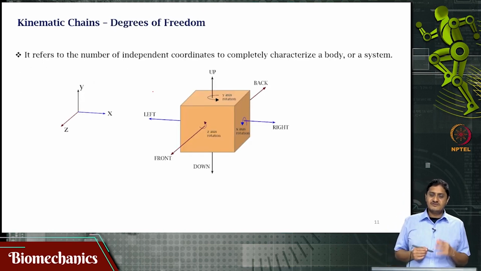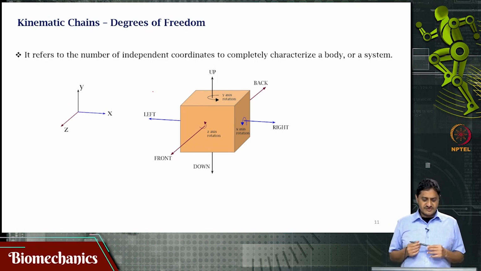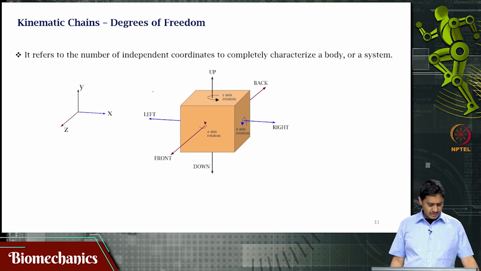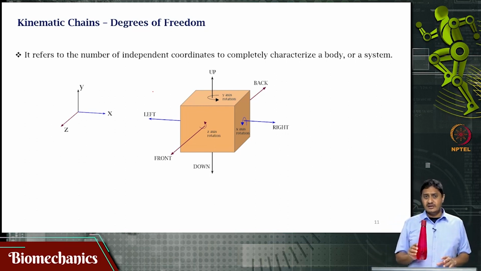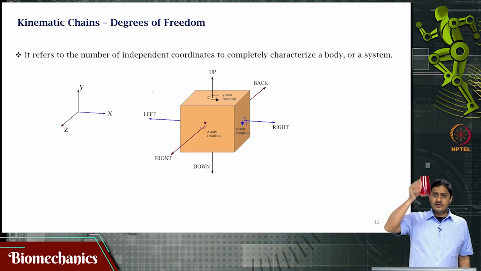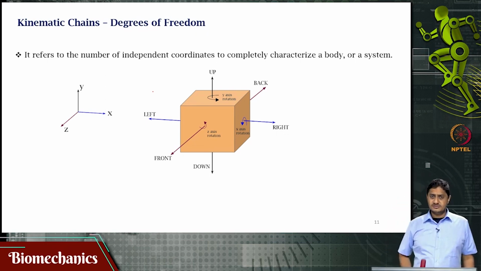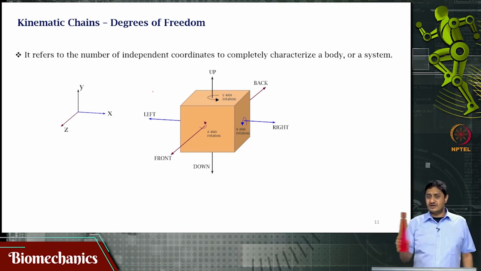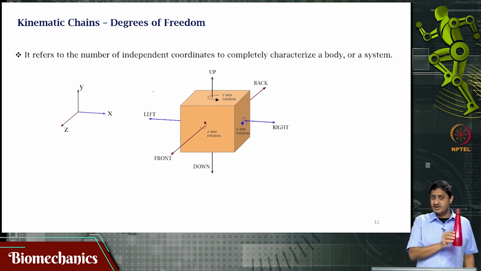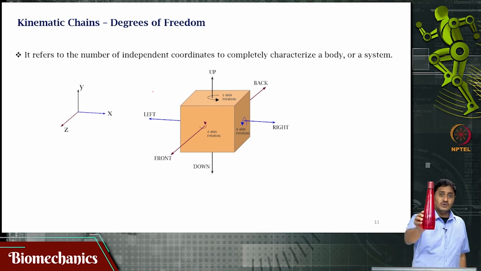Degrees of freedom, we have discussed this in some of the previous videos. What is degrees of freedom? The number of independent coordinates that are required to completely describe a given body. So, I have this object. It can translate upward or downward, 1 degree of freedom, it can move to the left or the right, or it can translate towards you or towards me.